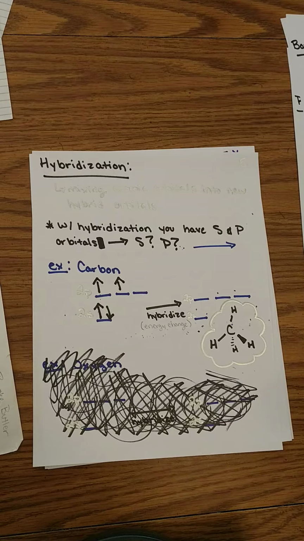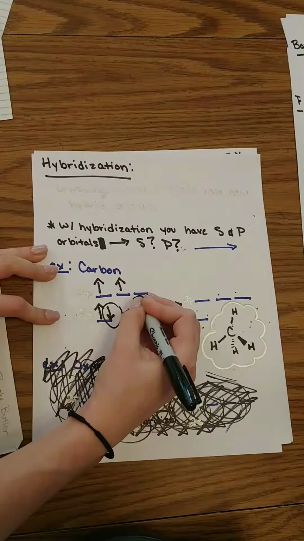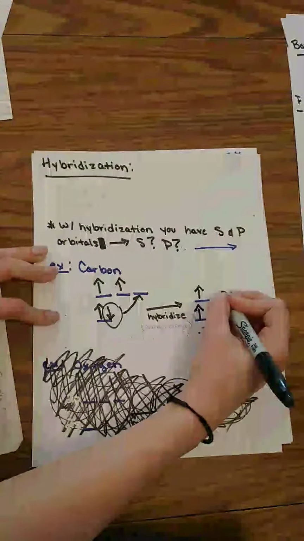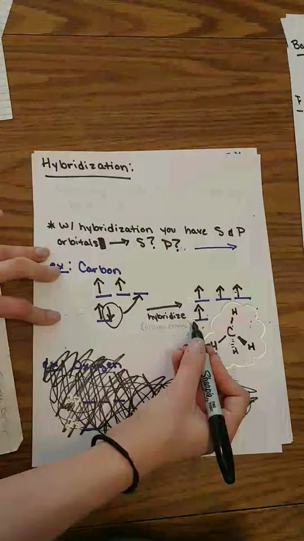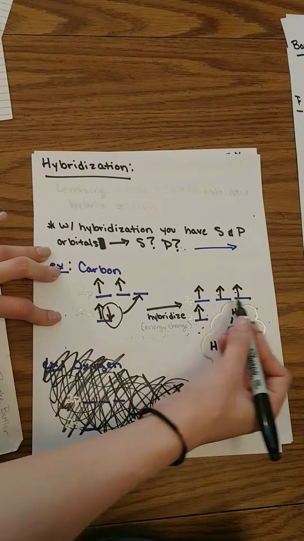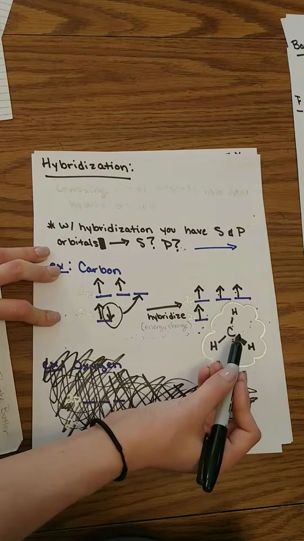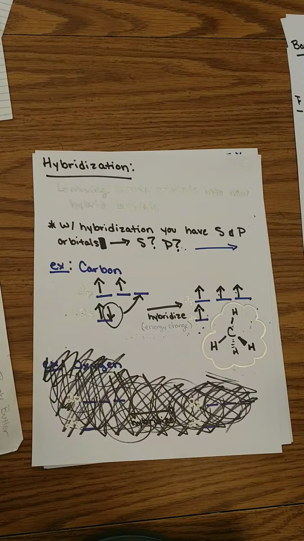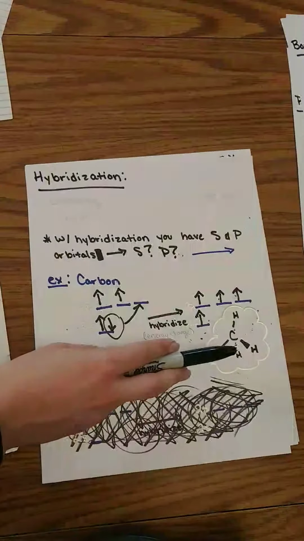So this here will go up to fill everything. So we'll have 1 up, 2 up, 3 up, 4 up. And so we only have the 2s filled there once, but filling the 2p actually makes it more stable because we have our carbon connected in all 4 places, as you can see here with the sigma bonds making the tetrahedral shape.